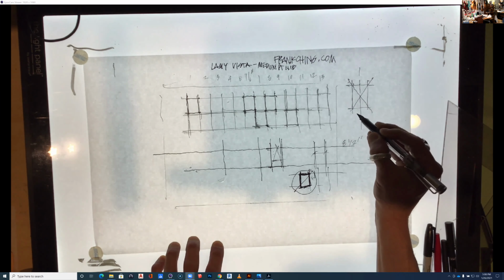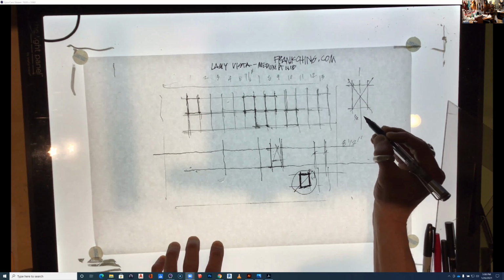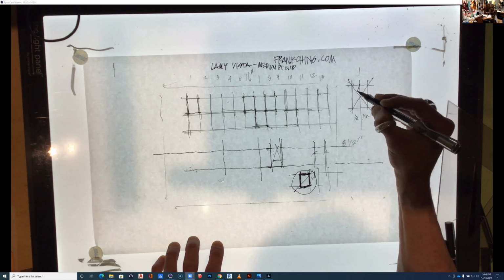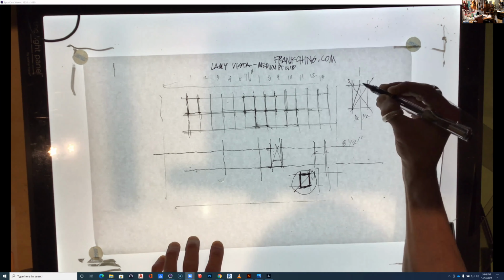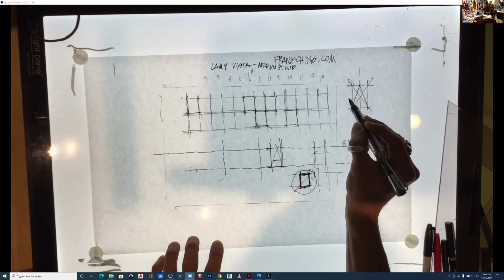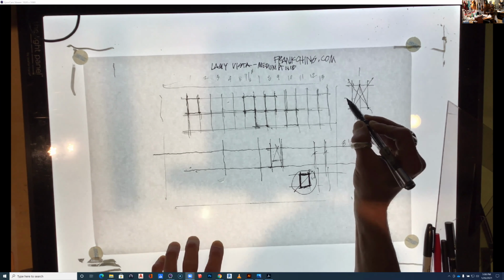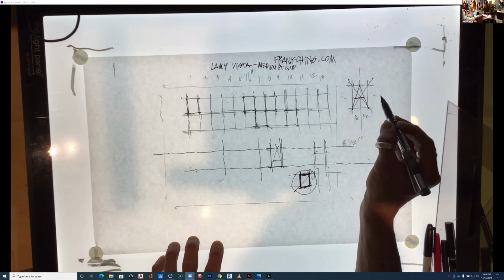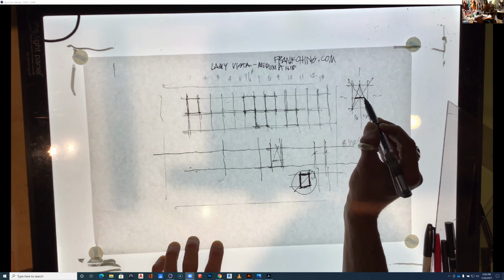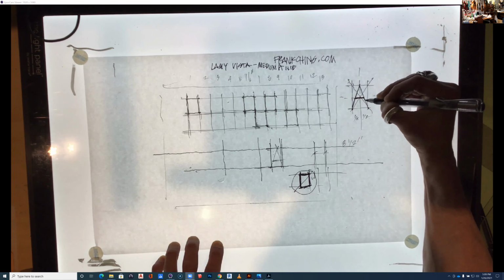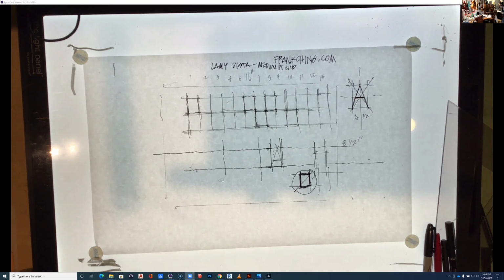That divides it in half. If you want the stem to be in the middle, you would draw it about the midpoint. So there's my skeletal letter A.